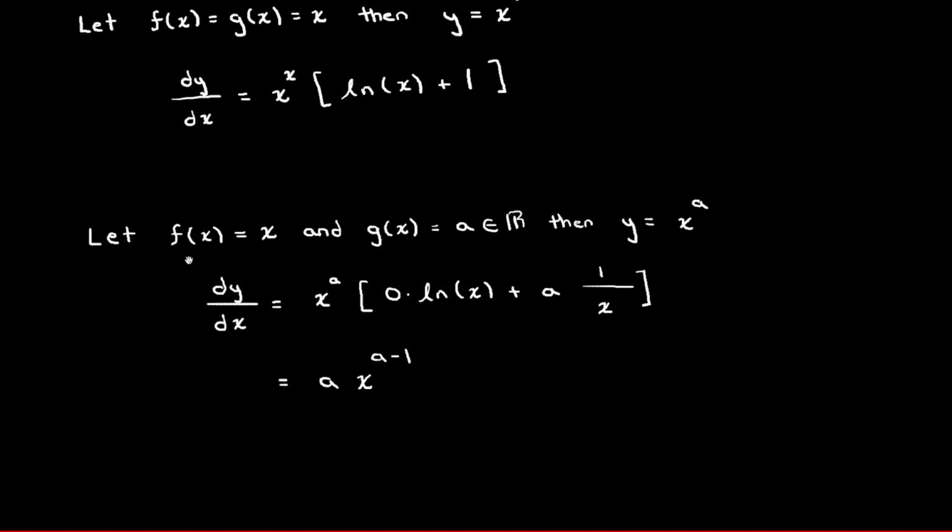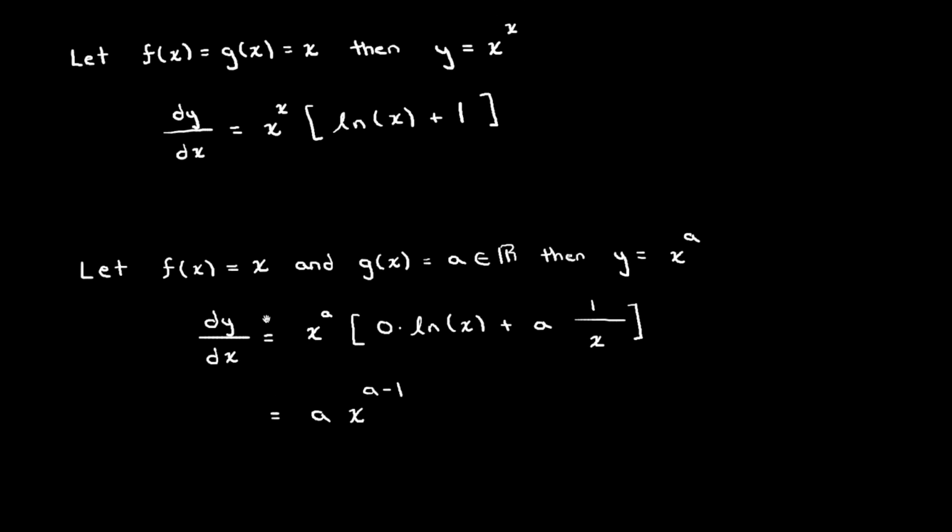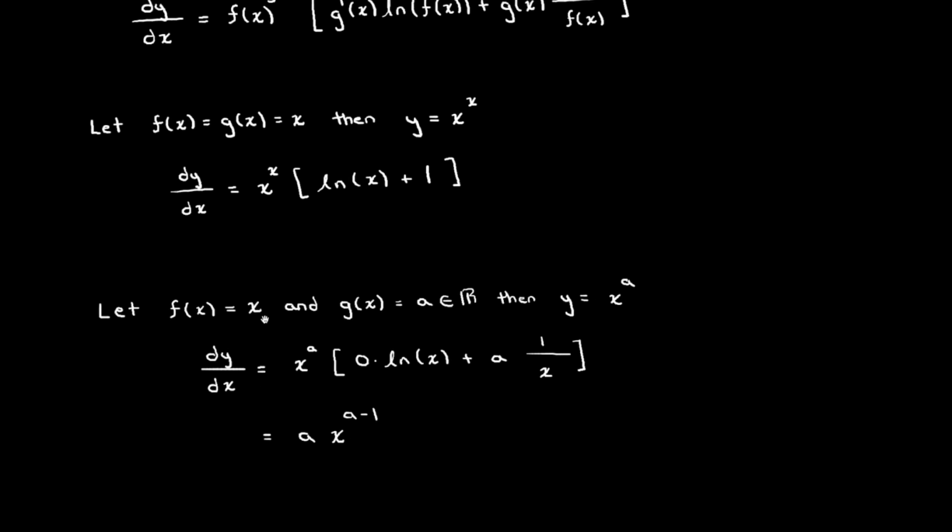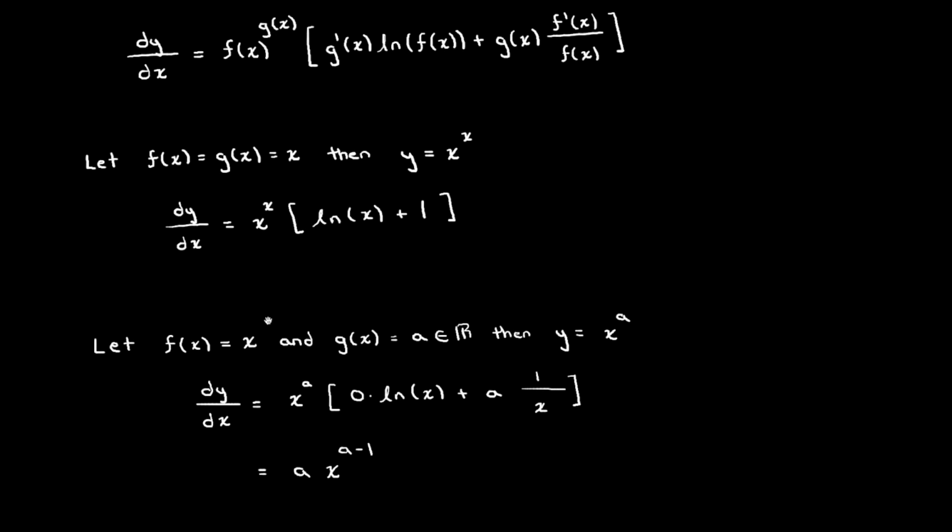Now let's consider f of x to be x and g of x to be some constant. So then we're looking at the following function, x raised to the power of a. So this is some power function. So I want to verify the power rule. So the derivative with respect to x in this case, if we just zoom out a little bit and look at the formula, well, it's just going to be f of x raised to the power of g of x, which in this case is x to the a.